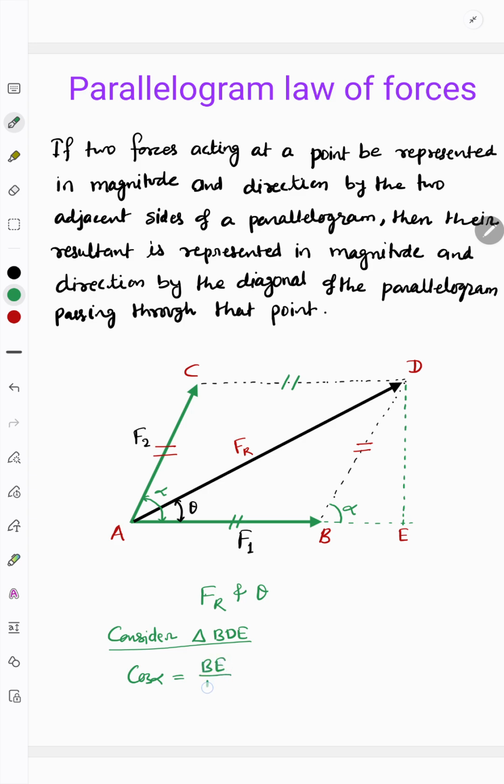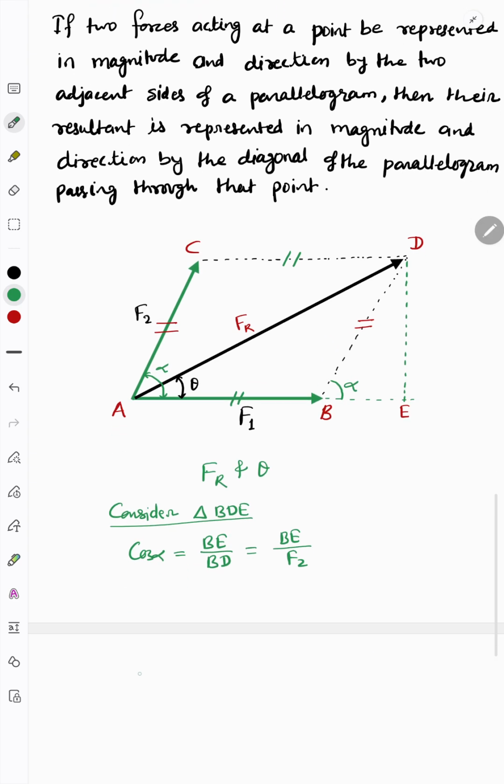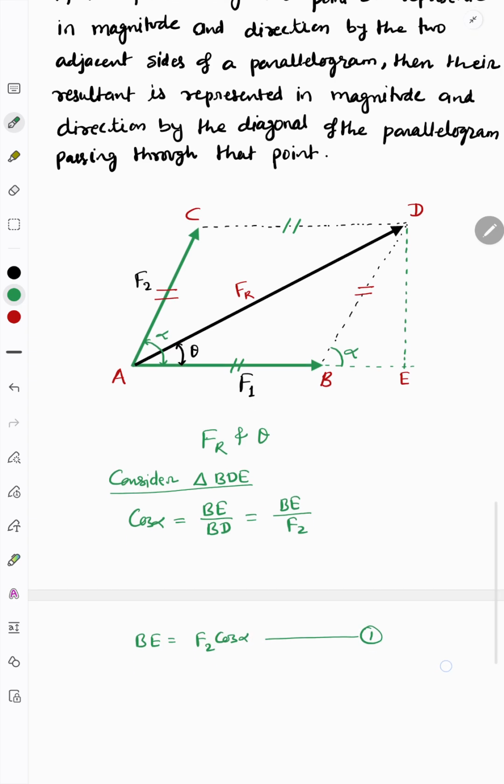BD will be equal to F2, because both are parallel lines. So BE divided by F2, and we get BE is equal to F2 cos alpha. So this is our first equation.